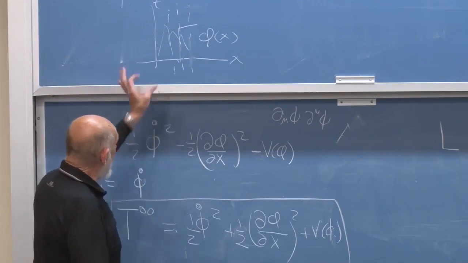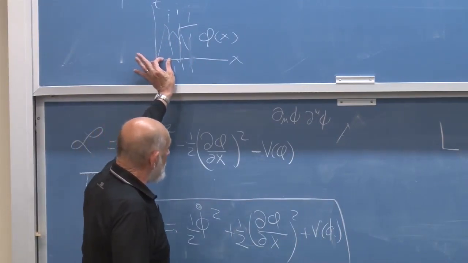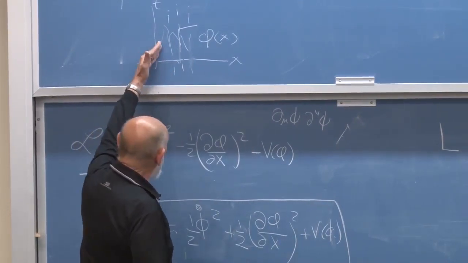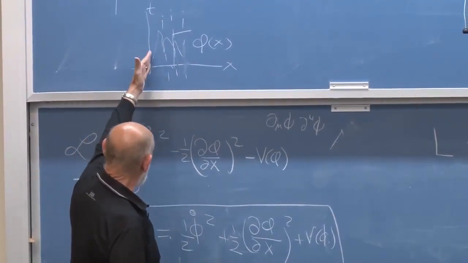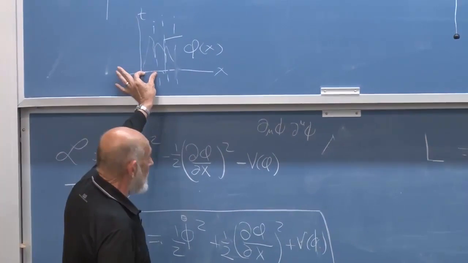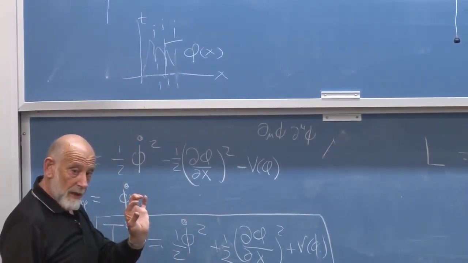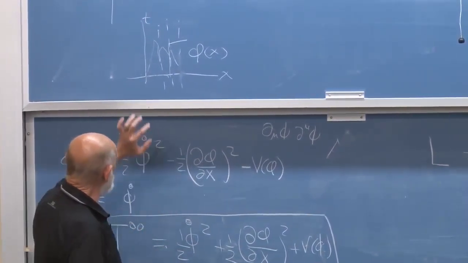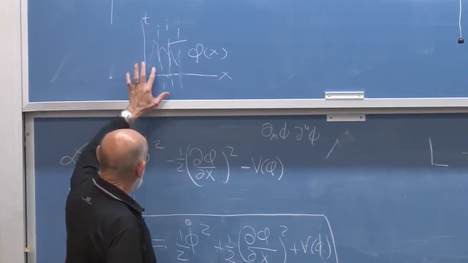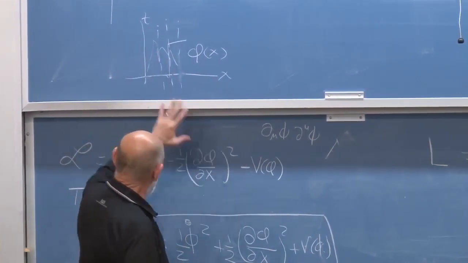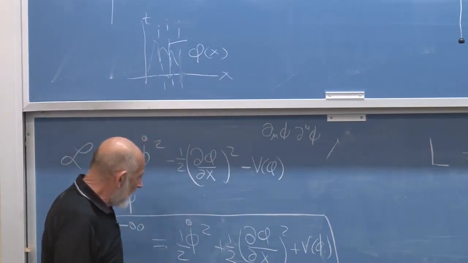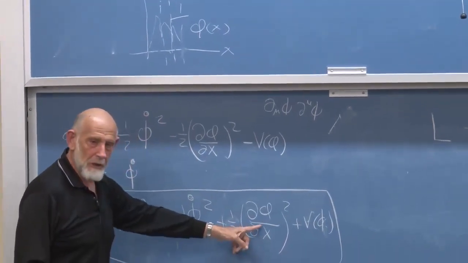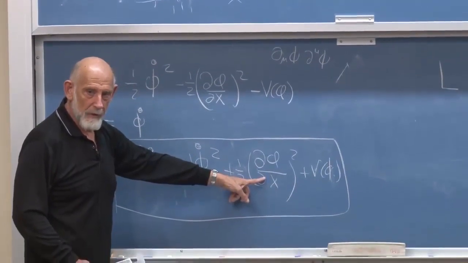Well, wildly jagged, as you let these distances go to zero, means bigger and bigger derivatives. Remember what the derivative is. It's the difference in phi divided by the small separation. As that small separation gets smaller and smaller, for a given difference, the gradient gets bigger and bigger, and that would mean that the energy density is getting bigger and bigger.